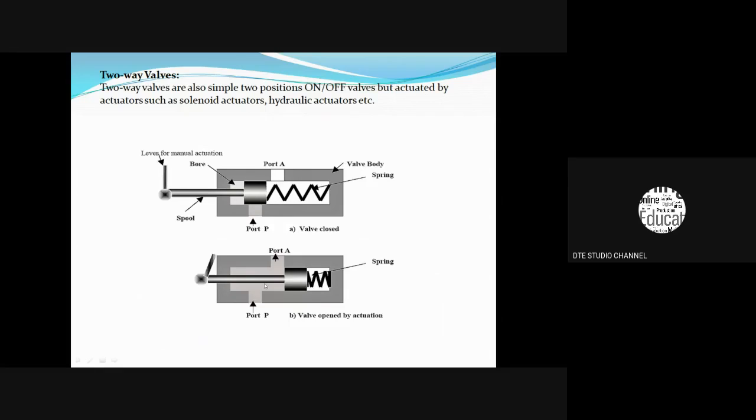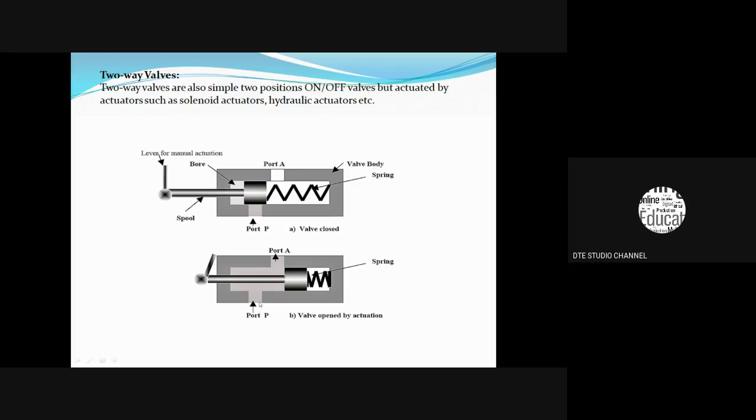Second position: by means of the hand lever, the plug can be moved. By actuating the hand lever, the plug can be moved. By moving the plug, ports P and A are both open.